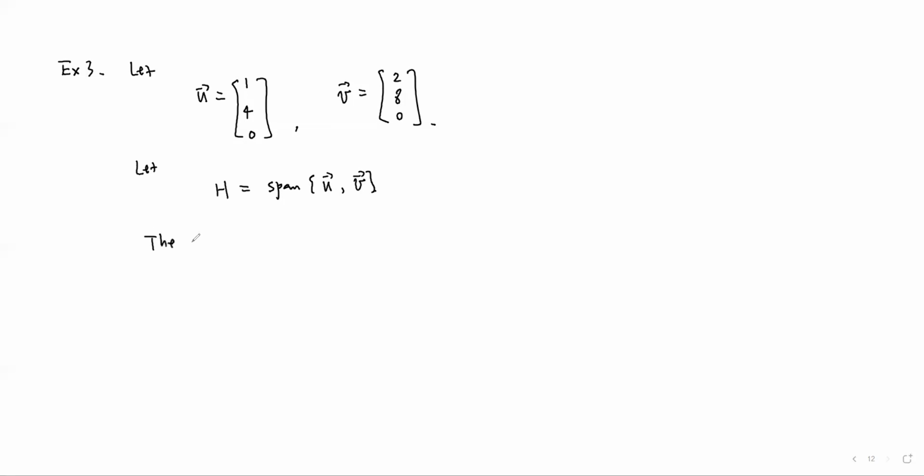The set of U and V is a spanning set of H. But this spanning set is not a smallest spanning set. Why? Because it is easy to see that V can be spanned by vector U: V is 2 times U.